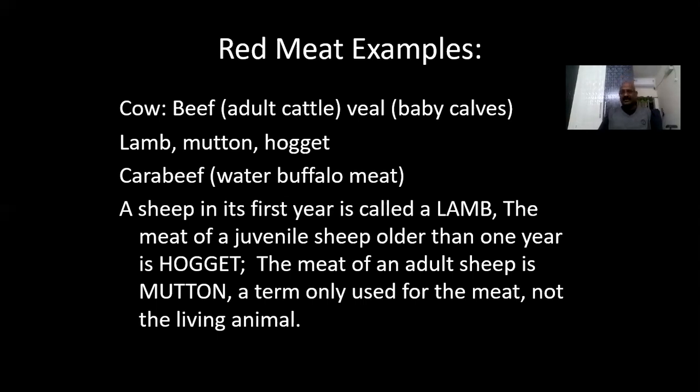Okay, so according to age factors, a baby lamb or sheep or goat, according to the changes of age, the name is given to that. In the same way, beef and veal, calf also come from different stages of age groups. So older age is called beef, younger age is called veal.